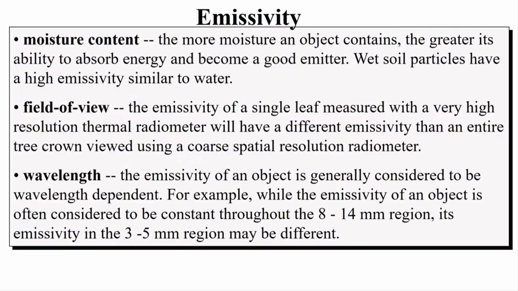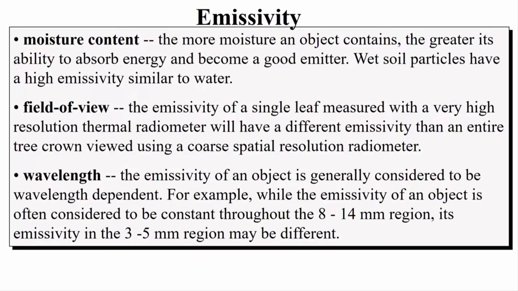The next factor is field of view. The emissivity of a single leaf measured with a very high resolution thermal radiometer will differ from that of an entire tree crown viewed using a coarse spatial resolution radiometer. So emissivity also depends on field of view. When we come to wavelength, the emissivity of an object is generally considered to be wavelength dependent.